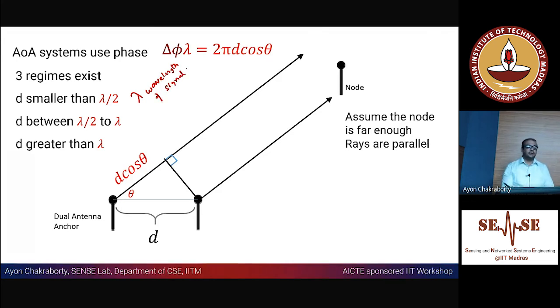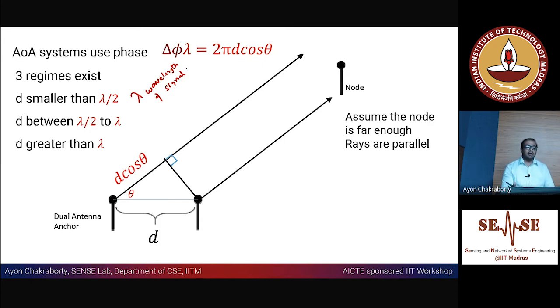So if your d is really small, the antenna distance is not very far. Then there could be a situation where d is greater than lambda by 2 but less than lambda, and there could be a situation where d is really far apart and the distance is greater than lambda. These 3 situations might exist.